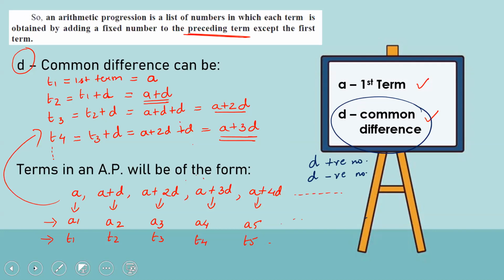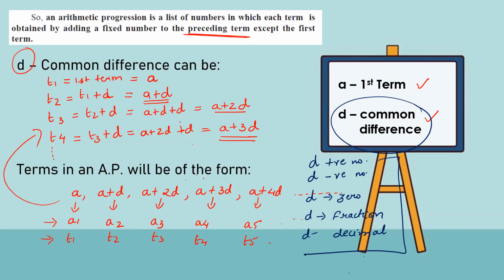D can also be equal to 0. D can be a fraction. D can be a decimal. We added minus 0.5 in that particular example, right?